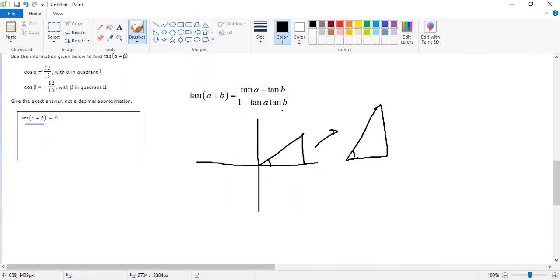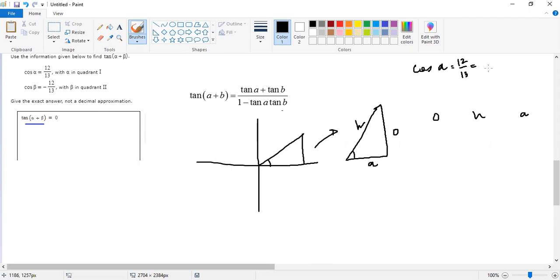And of course, the angle is here, and we have an opposite side, an adjacent side, and a hypotenuse as well. So we have O, we have H, and we have A. So the cosine of this angle alpha is equal to 12 over 13.